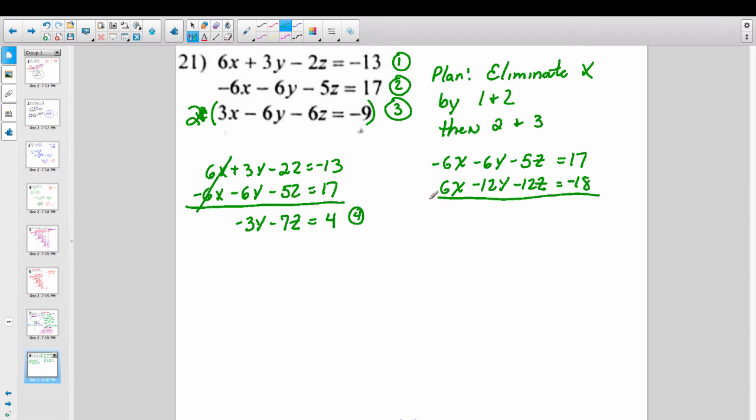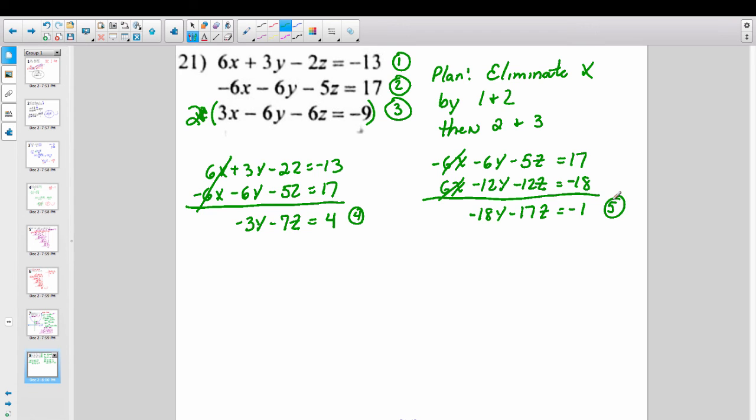Add these together. The x's go away. That's beautiful. Negative 6 minus 12 is negative 18. Negative 5 minus 12 is negative 17. And 17 minus 18 is negative 1. That becomes equation number 5.